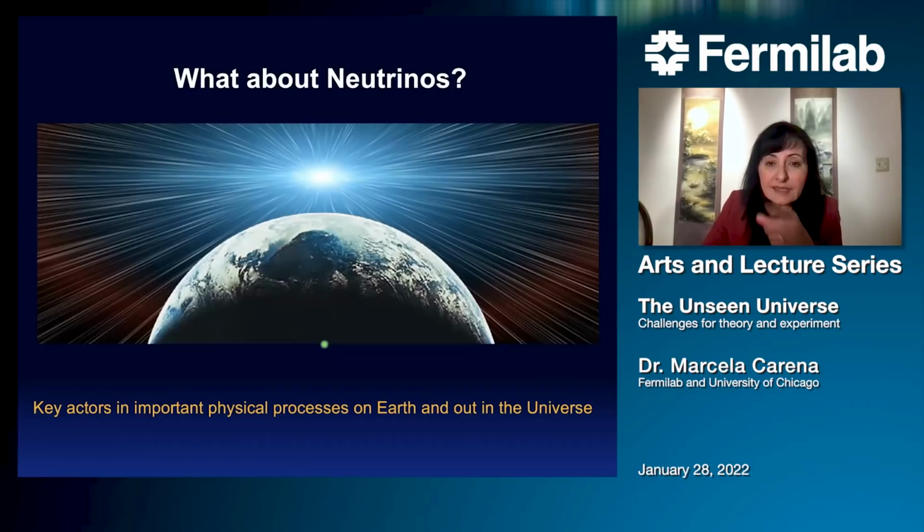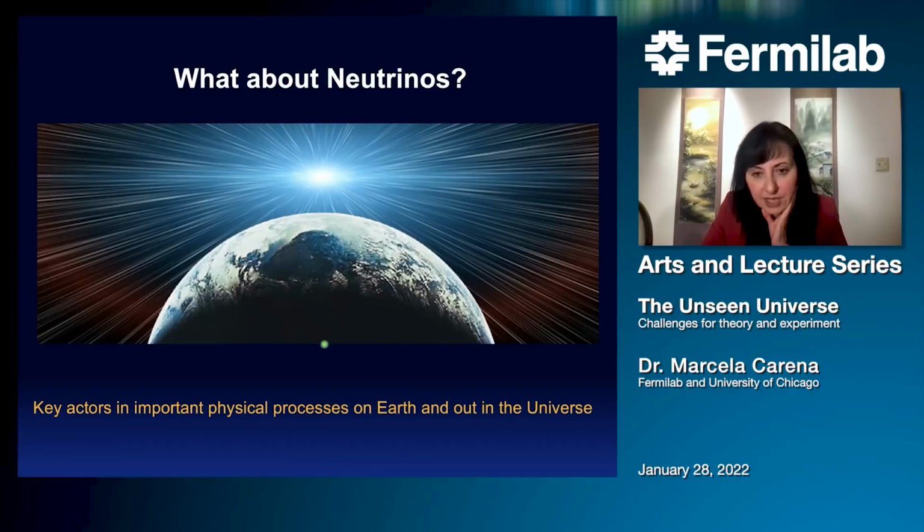Okay, so now we move to our last topic of the evening, that is neutrinos. As I showed you in our cosmic ray cartoon, the muons were made in the decay of other composite particles like pions, but when they appear, they always appear with neutrinos.